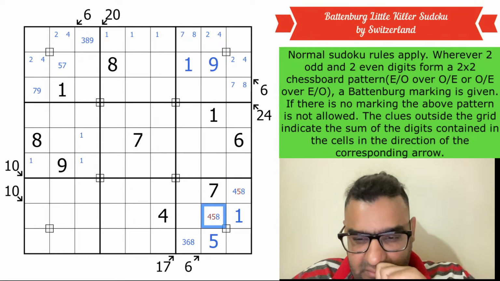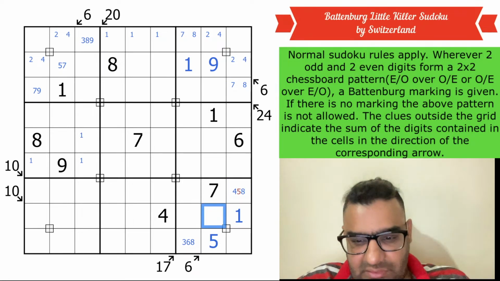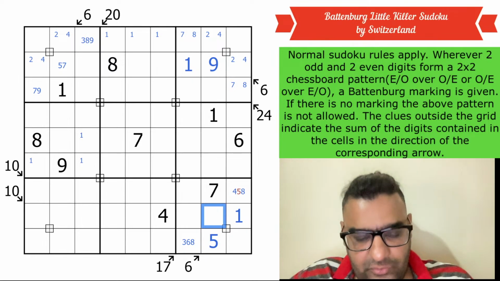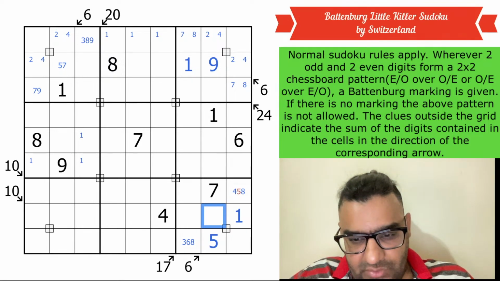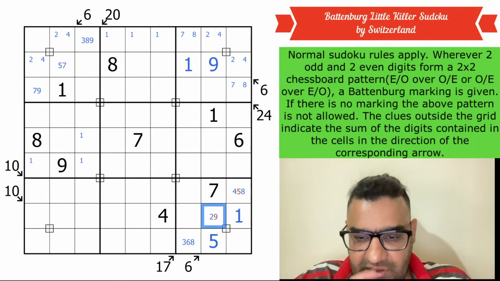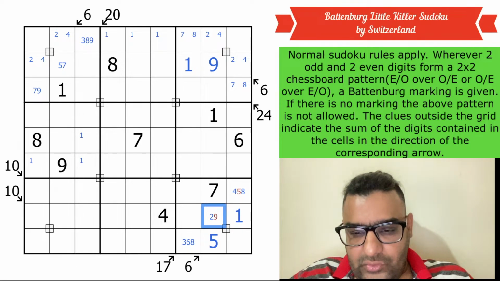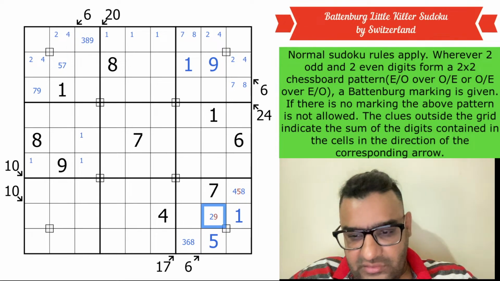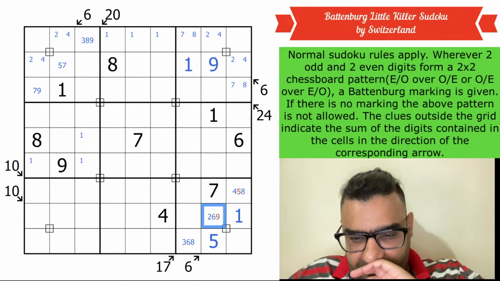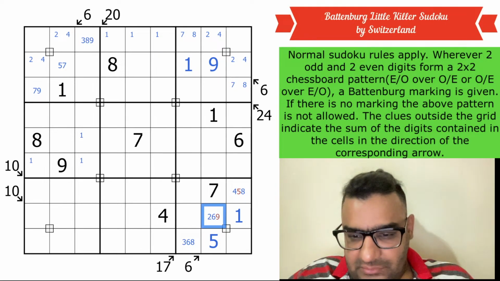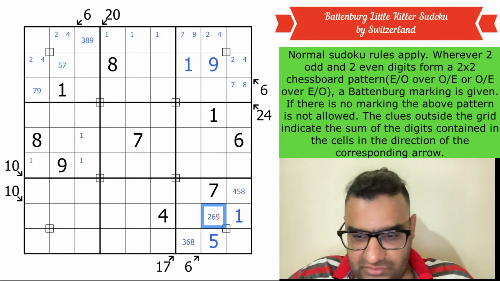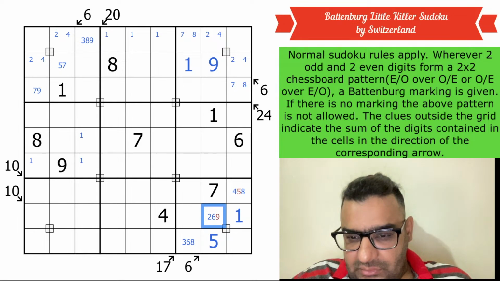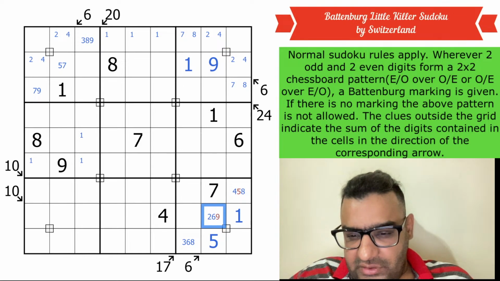Let's get another combination. If I cannot put a 1 here, if I put a 2, 9 and 2 are 10, 11. So out of them it could be 6. So these could be the three combinations. 5 and 4 are 9 and 8, 17.